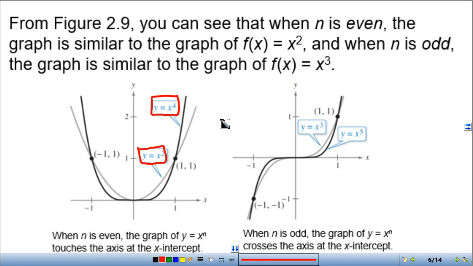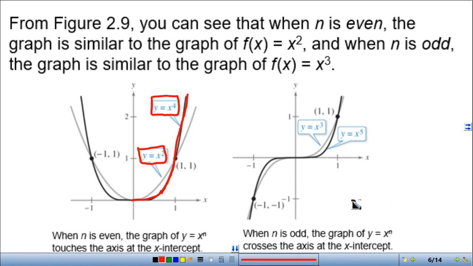The higher I go up with the even exponents, the steeper it's going to be when you get out to the right, but also the flatter it's going to be when you get closer to the vertex. So notice I have this one here. It's not as steep as y equals x to the fourth, and it's also not as flat when I get closer to the vertex. So steeper out farther and flatter when I get closer to the vertex.